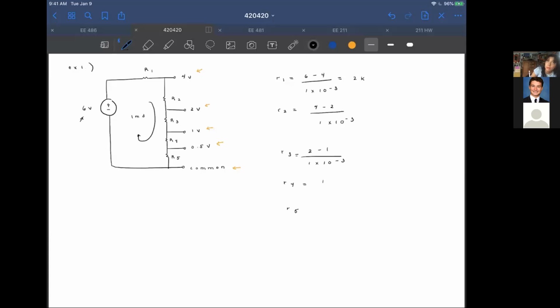And then 1 minus 0.5 over 1 times 10 to the minus 3, and then R5. So the last one is 0.5 minus 0 over 1 times 10 to the negative 3. And so by doing this math, you're defining the actual values of the resistances that are used to get the desired voltages called out in this problem.